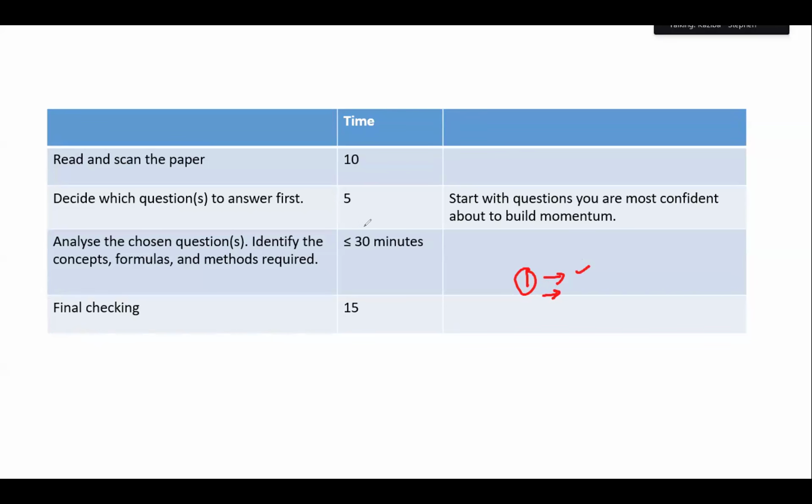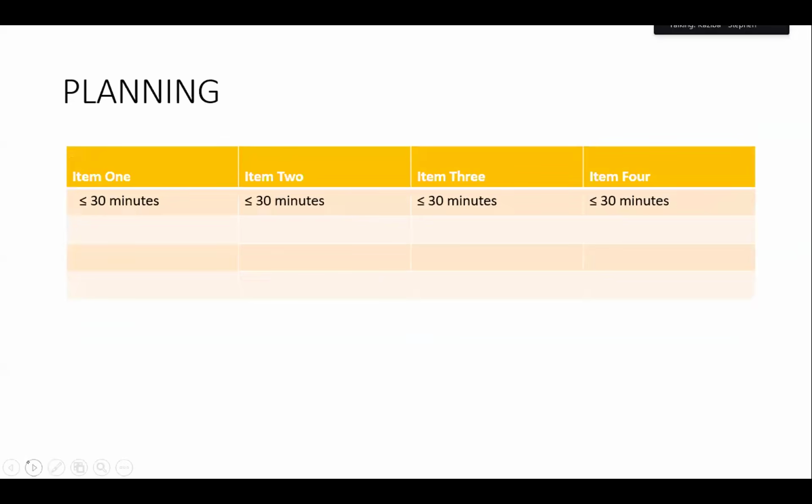So for each of the items you are going to do, I want you not to spend more than 30 minutes on that item. Whenever you are planning, ensure that for that particular item you are working on, you use less than or equal to 30 minutes.